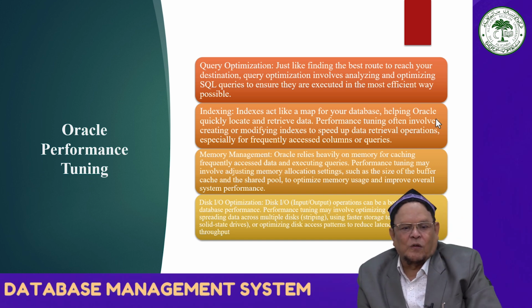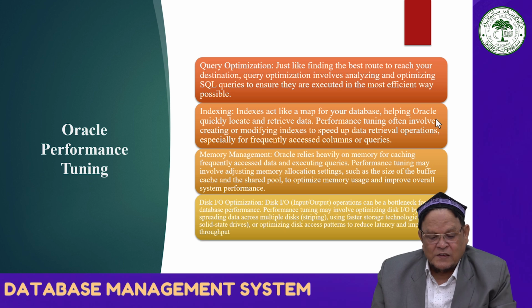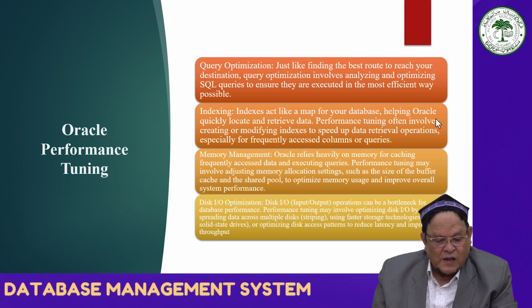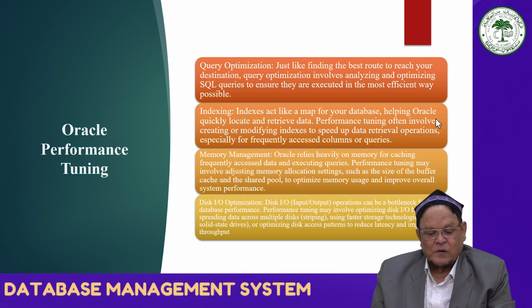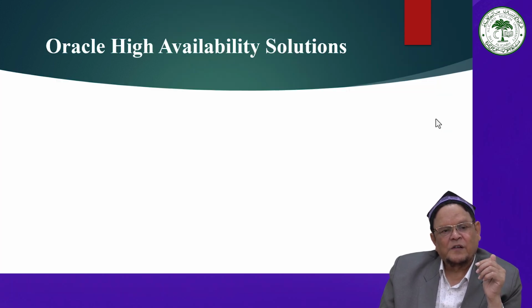So indexing is also very important. And also Oracle relies heavily on memory to cache frequently accessed data and queries. So these are the four steps you have to follow to improve the performance.